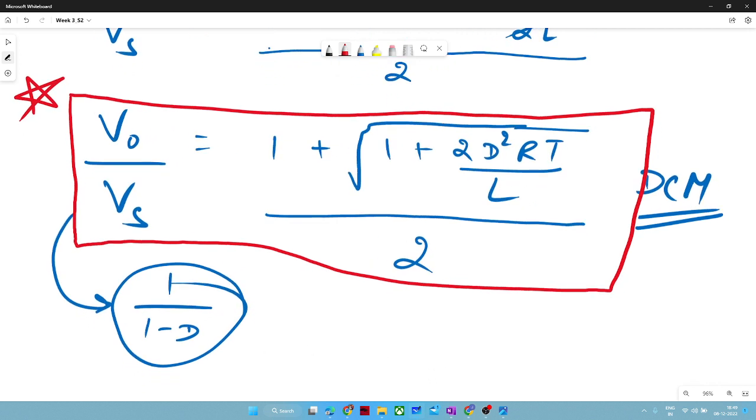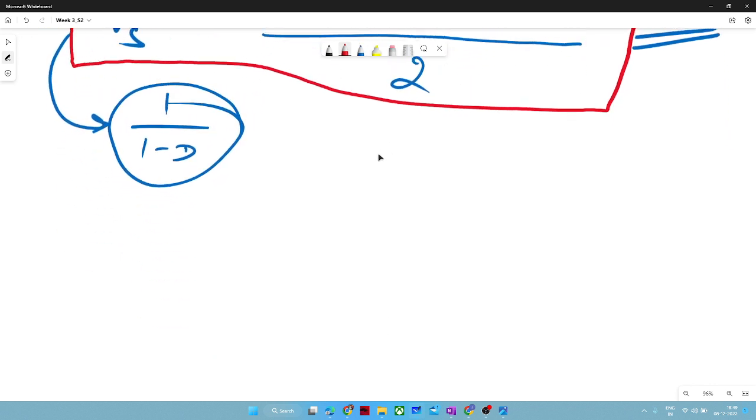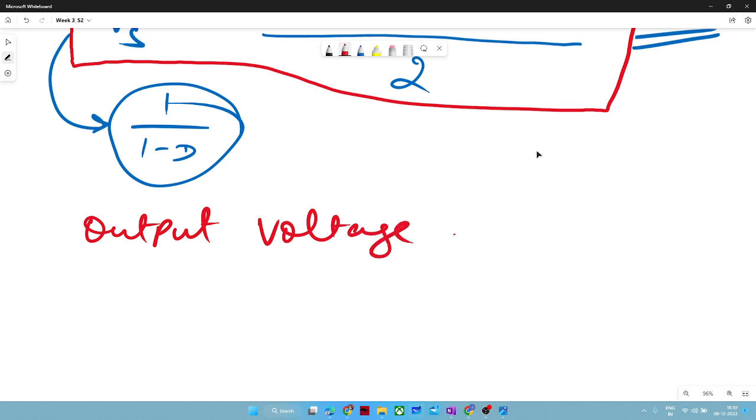Okay, thanks. So now we will see. Our question was to identify the value of output voltage. Now I guess you can solve it, since you have the formula.